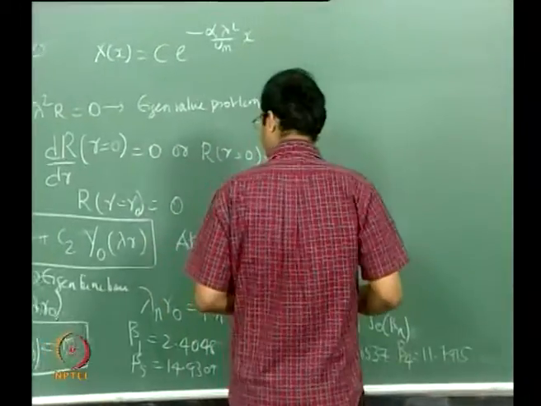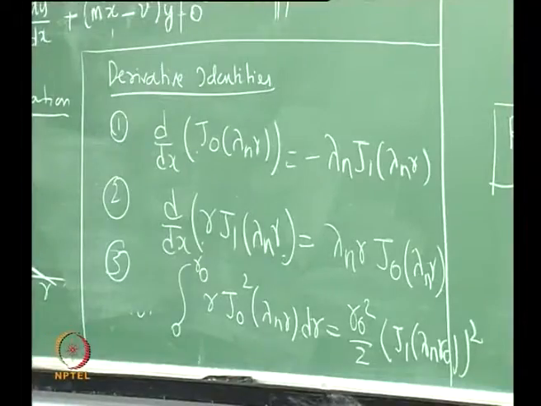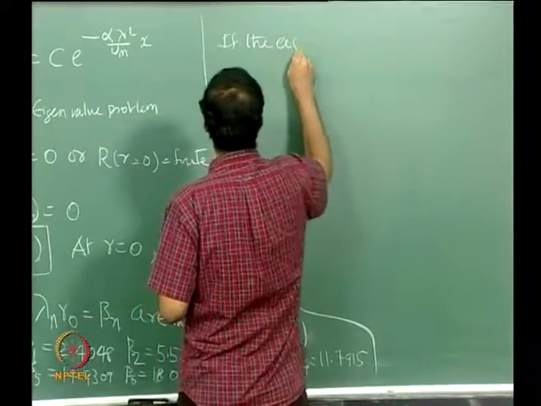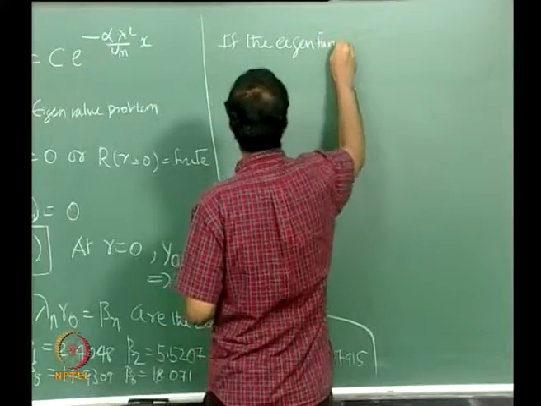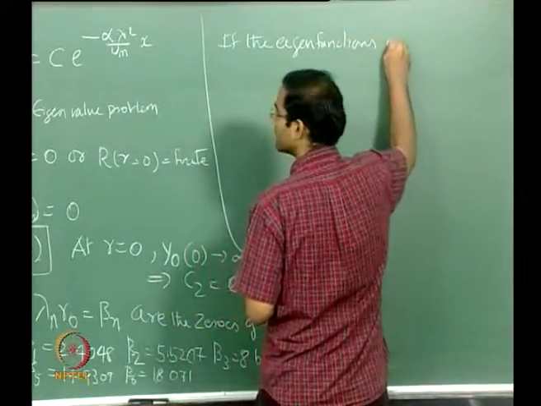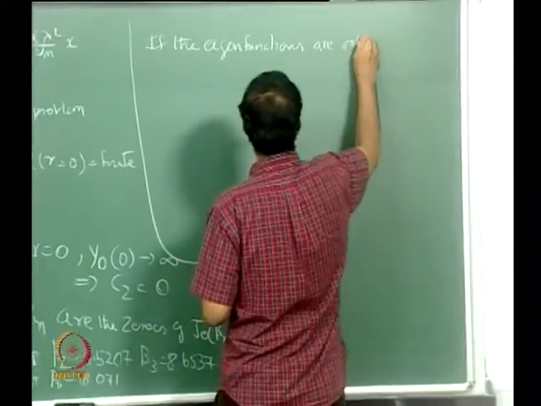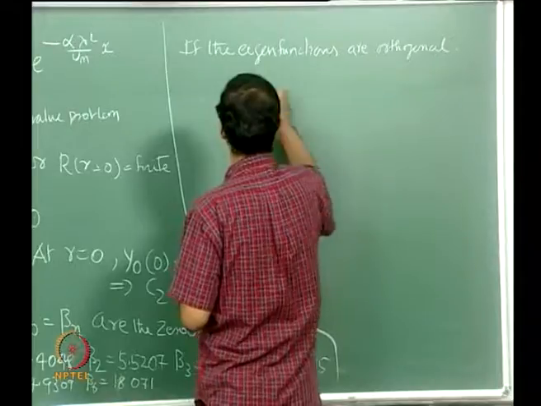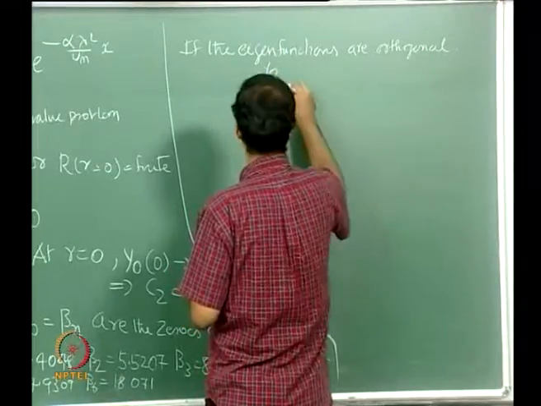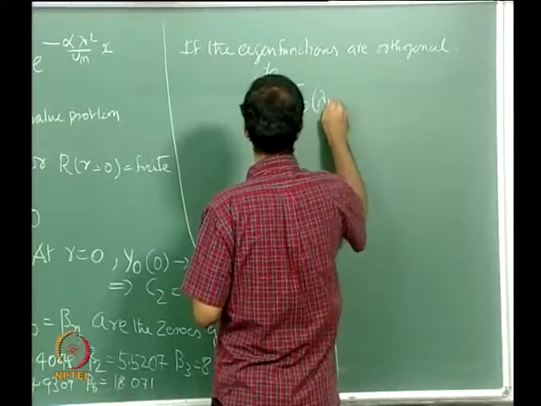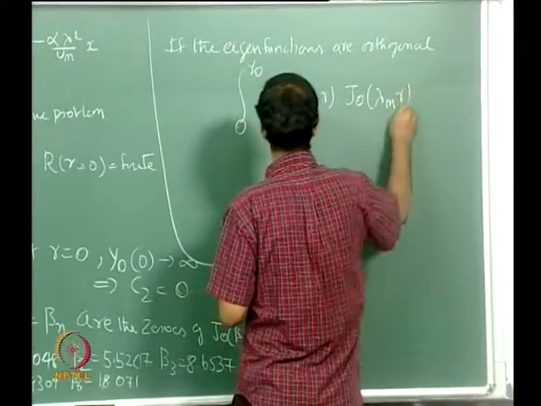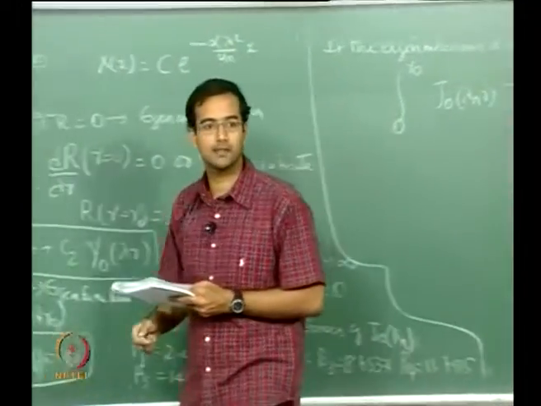Now the principle of orthogonality states that if the eigenfunctions are orthogonal, if you multiply an eigenfunction J0(lambda_n r) with the eigenfunction J0(lambda_m r), with n being different from m, so these are different integers.